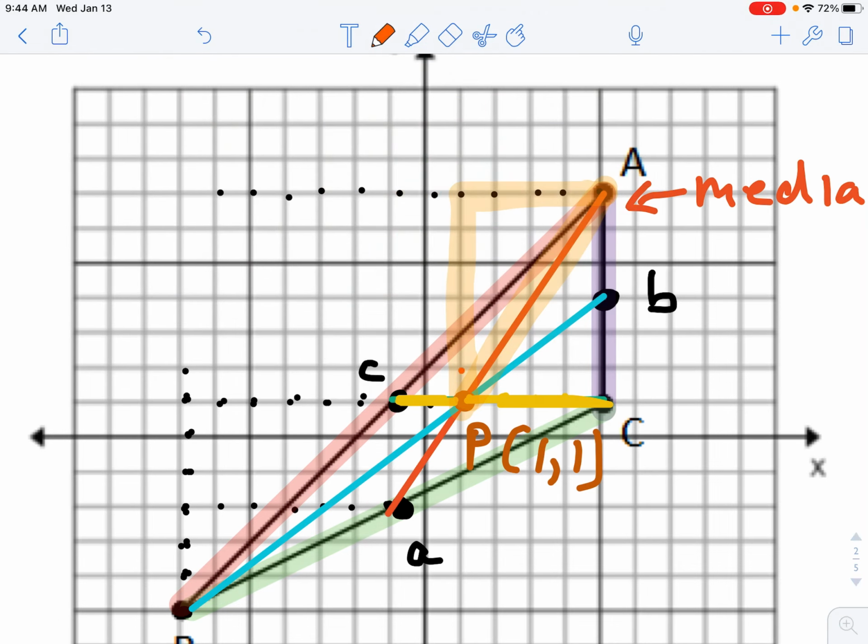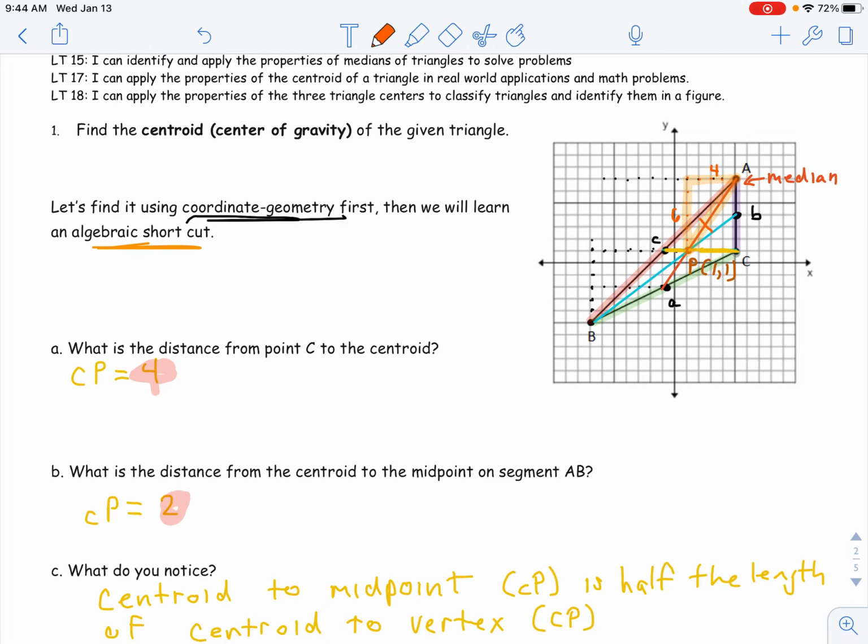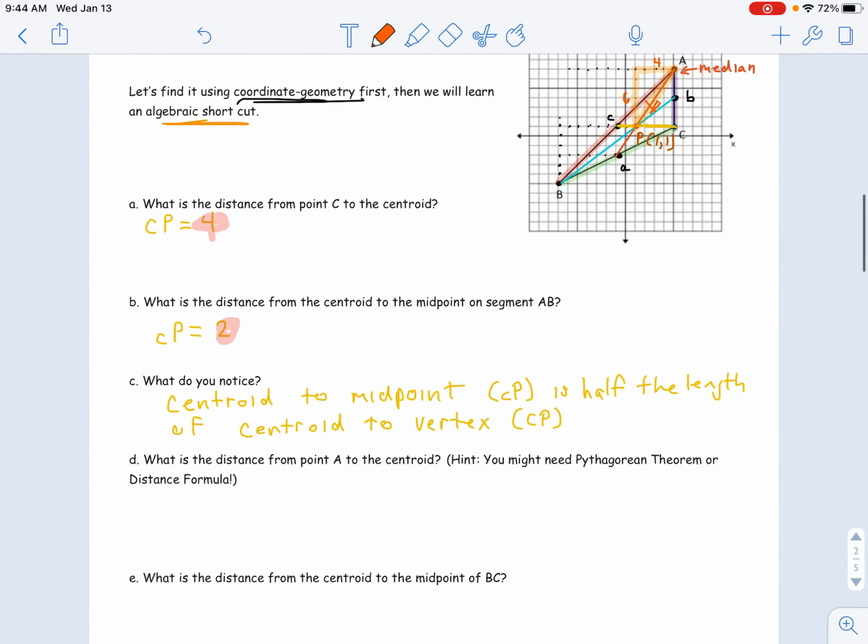This is a length of 1, 2, 3, 4, 5, 6. That is 1, 2, 3, 4. All right, and I'm going to call that x, the length we're looking for. So x squared equals 6 squared plus 4 squared. X squared equals 36 plus 16. X squared equals 52. So x equals the square root of 52.